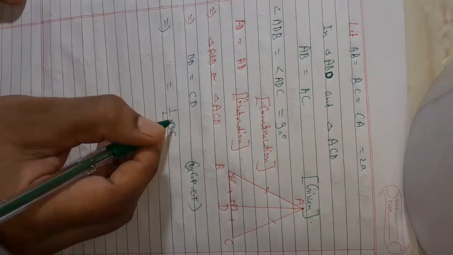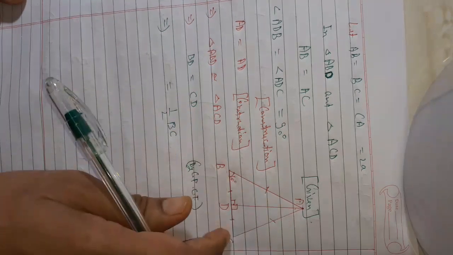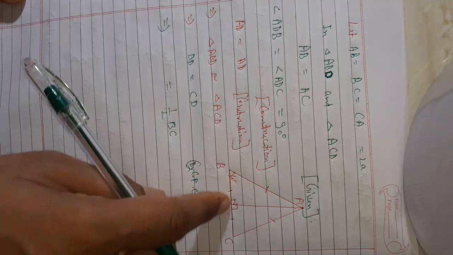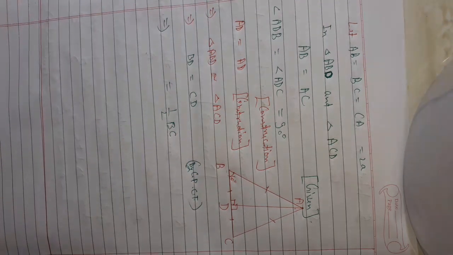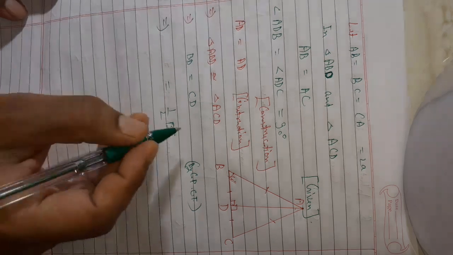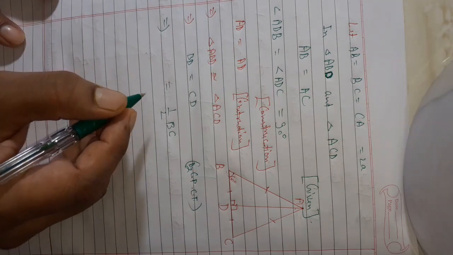Because as you know, in an equilateral triangle, if we draw a perpendicular on any side, it will divide that side into two equal parts. So half into BC.